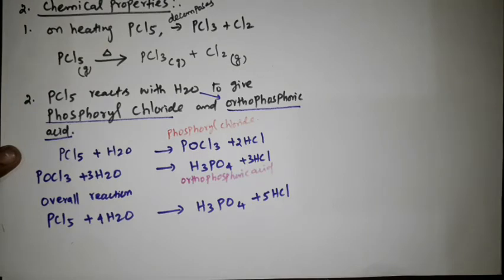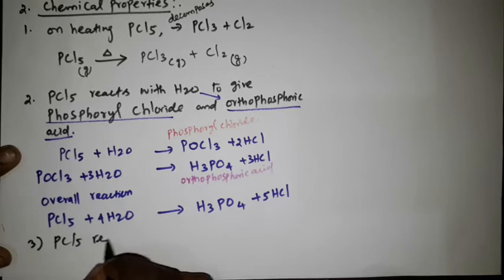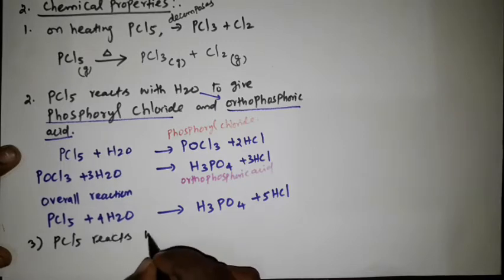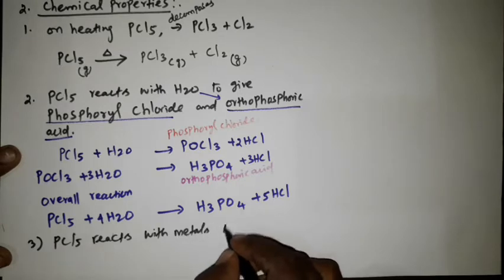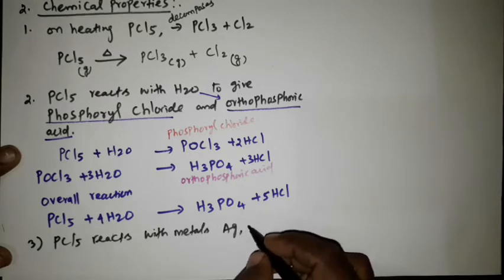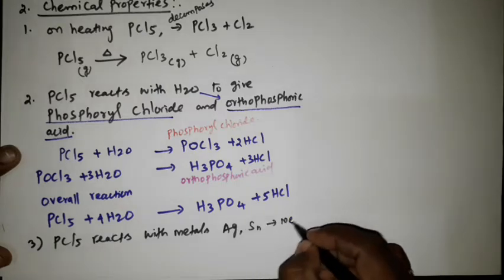Phosphorus pentachloride reacts with metals to give metal chlorides. That is the third reaction. PCl5 reacts with metals, such as silver, Ag, then tin, Sn. It will produce metal chlorides.